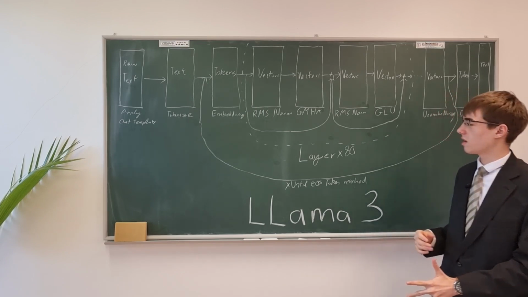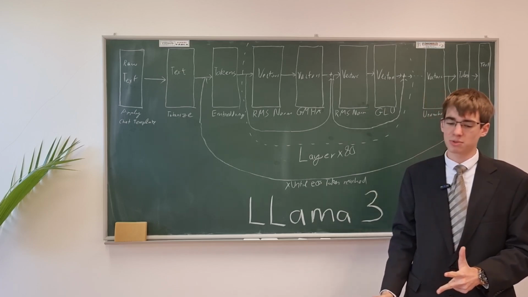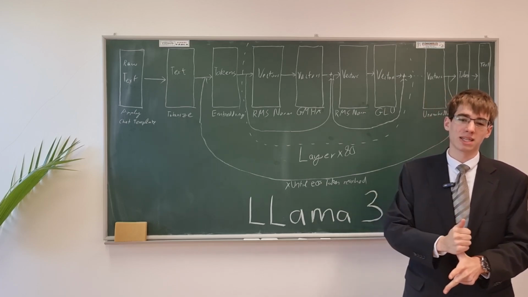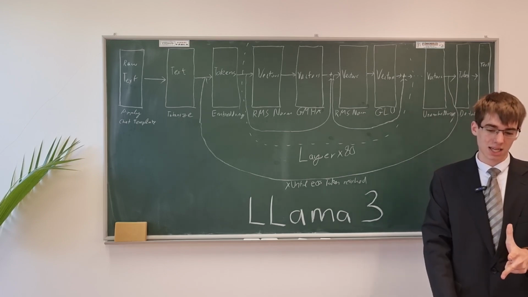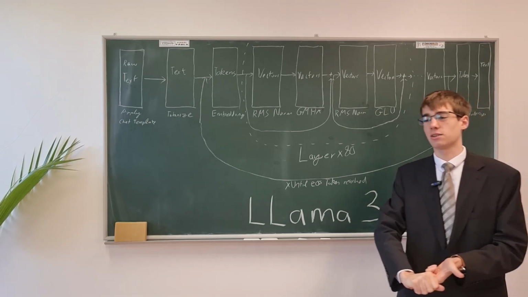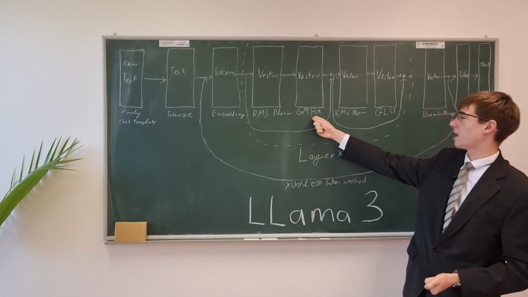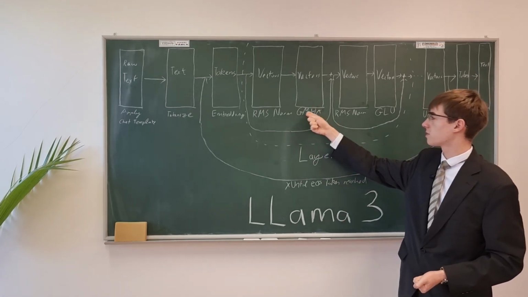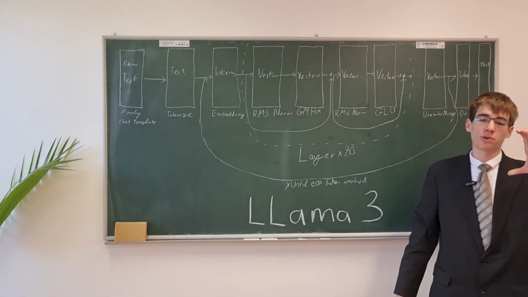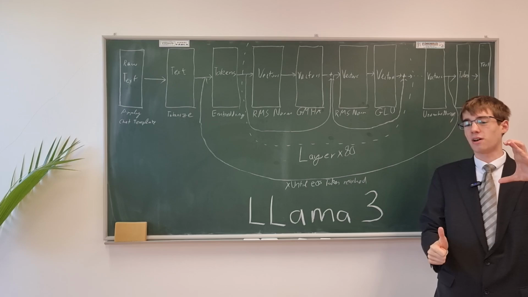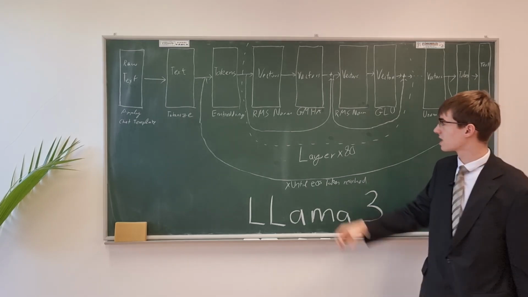So what machine learning scientists proposed was that we only generate the queries for every single head, and we reuse the keys and values. So that's what grouped multi-head attention is. We group the heads, and each group gets only one set of keys and values.